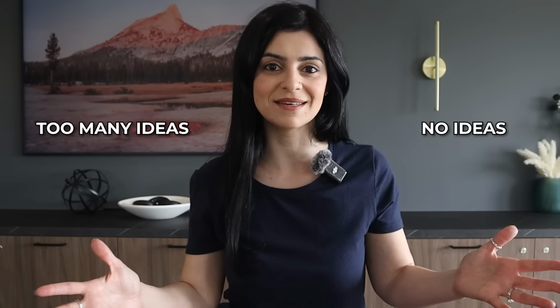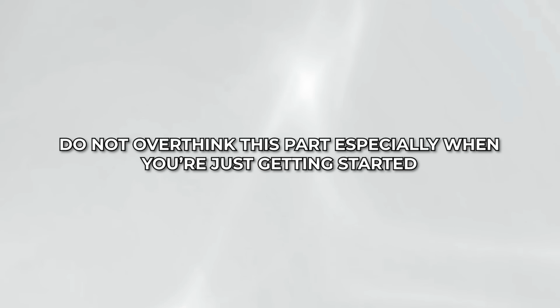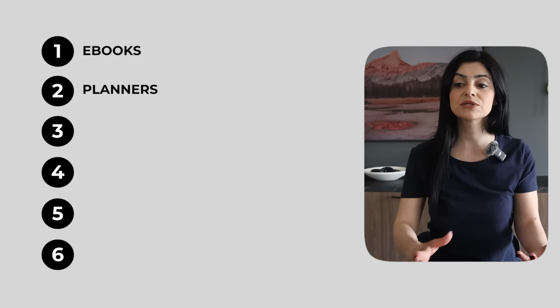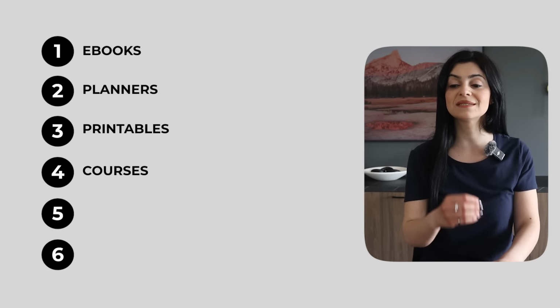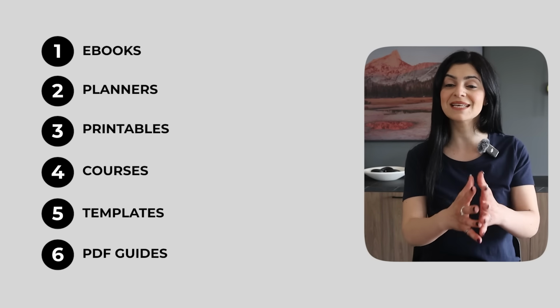So let's talk about how to choose the right digital product for you. So many people get stuck on this part because they either have no ideas or too many ideas that they can choose from. And here's my advice: do not overthink this part, especially when you're just getting started. There are so many different kinds of digital products you can sell, like ebooks, planners, printables, courses, templates, PDF guides, and the list goes on.